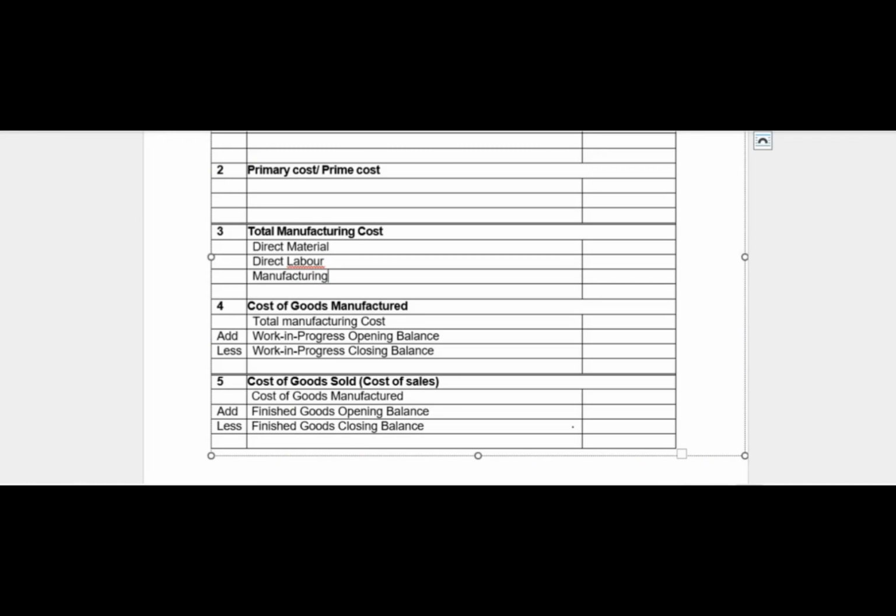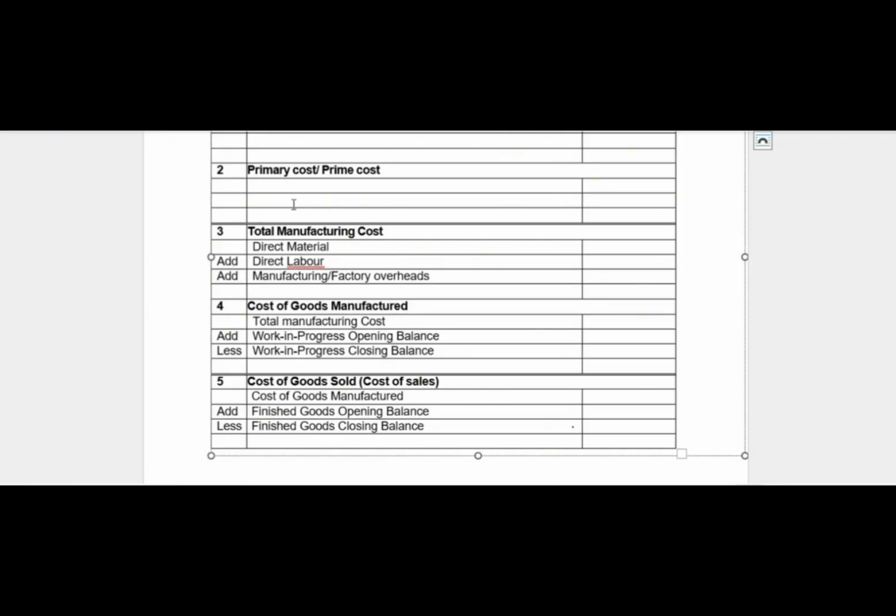So you say direct material, you add direct labor, and then you add manufacturing or factory overheads, and then you're going to get your total manufacturing cost.